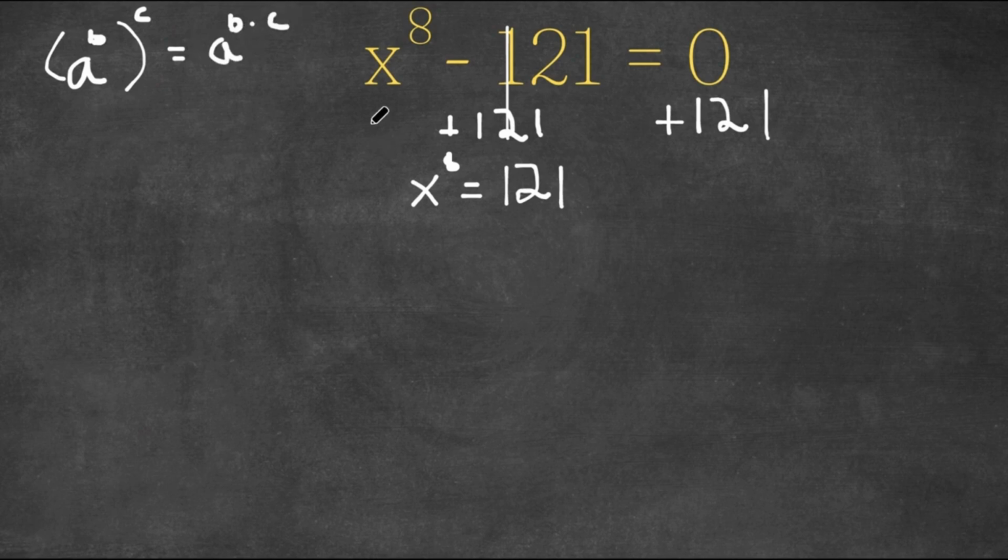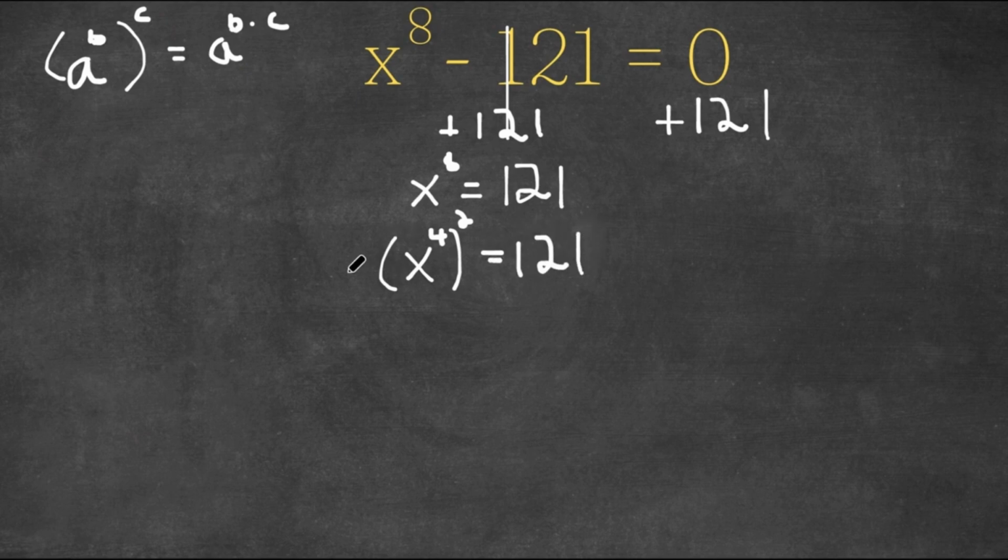So we're going to change our x to the power of 8 so that it is in this form, a to the power of b to the power of c. We're actually going to change this to x to the power of 4 to the power of 2, because 4 times 2 is 8, and that's x to the power of 8. And this is equal to 121.